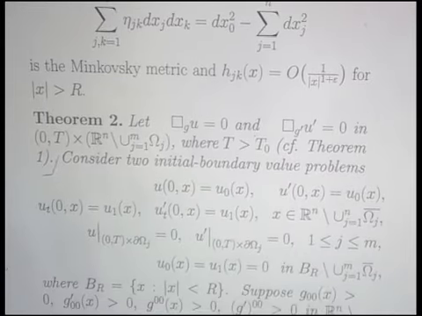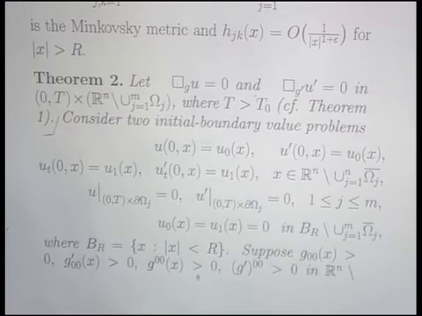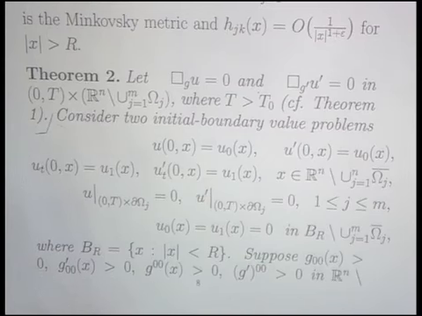suppose we have these two wave equations. Suppose T is large enough. So consider two initial boundary value problems. No, I'm sorry. Consider two initial value problems. There is no boundary yet here.